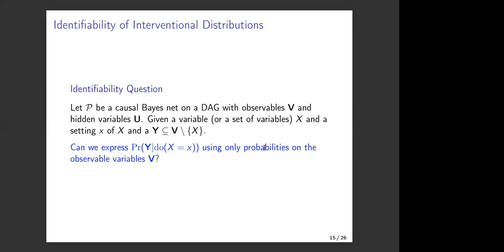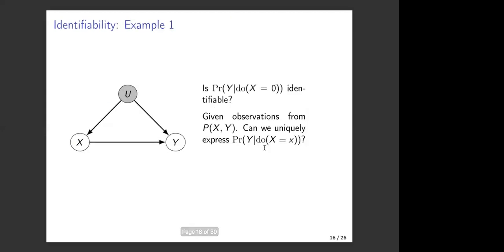Okay, so that's the identifiability question, and let's run through some examples to understand why it is an interesting question. So, for example, let's consider this particular CBN. We have two observable variables, X and Y, and then there is a hidden variable U. So the question is, is P(y | do(x)) identifiable?